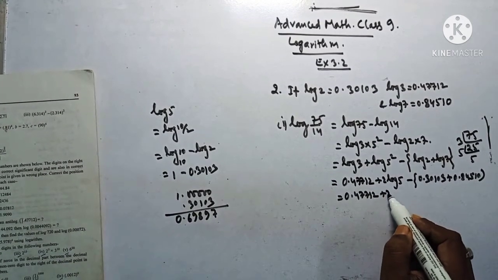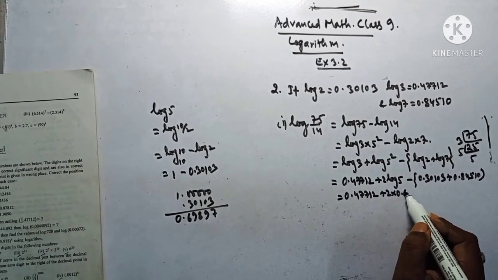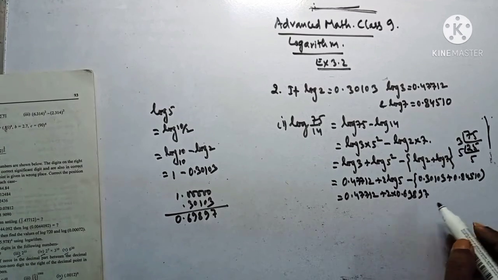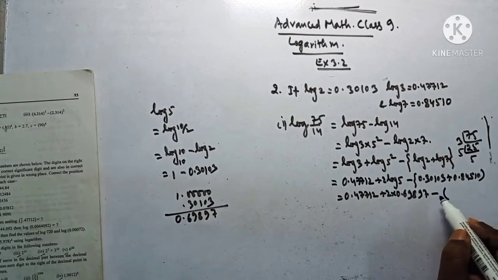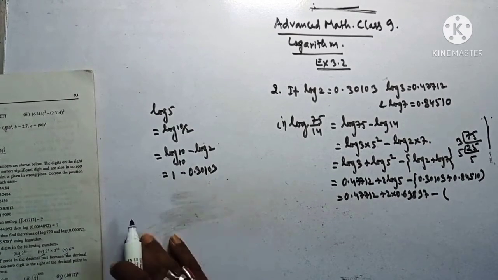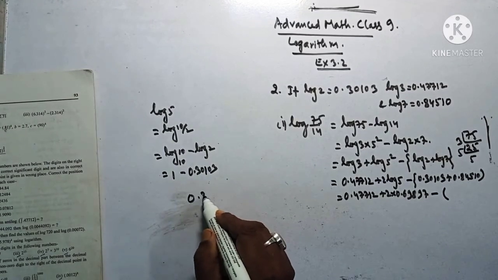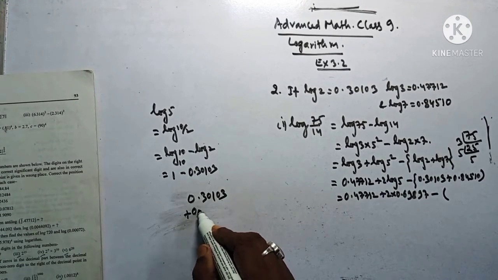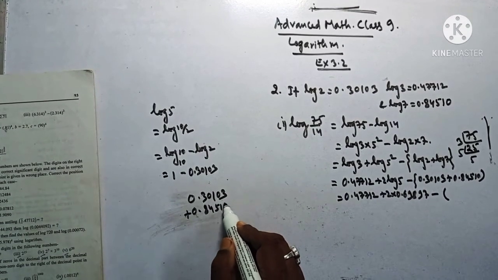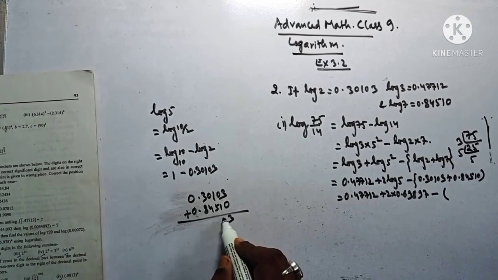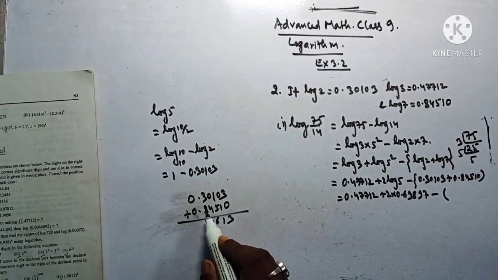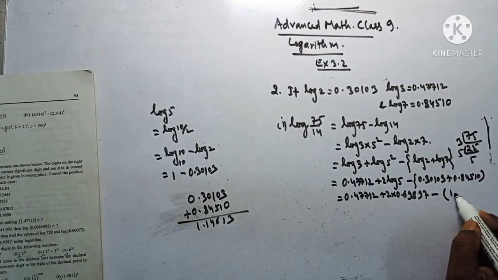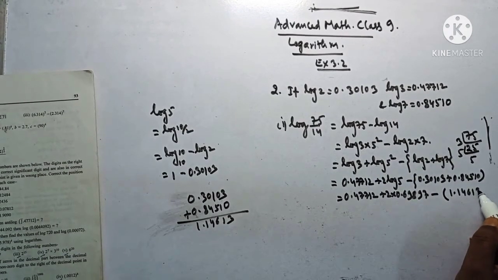So this comes out to be 0.47712 plus 2 into 0.69897, and minus, now you add these two. If you add these two, 0.30103 plus 0.84510, this comes out to be 1.14613.